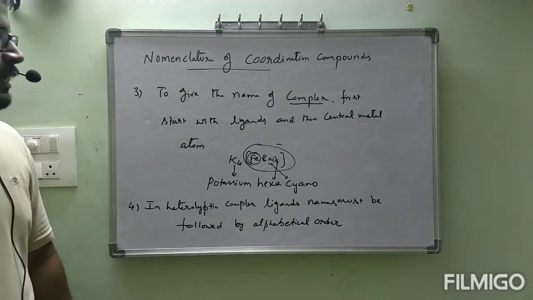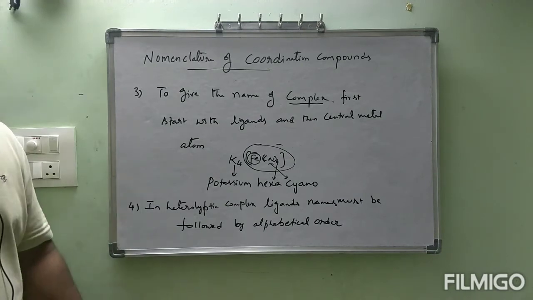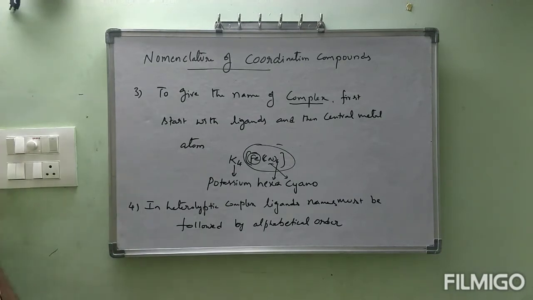Is it okay? This is the fourth rule. Next, we will go for the fifth one. All of you read the third and fourth once. To give the name of the complex, first start with ligands and then the central metal atom.